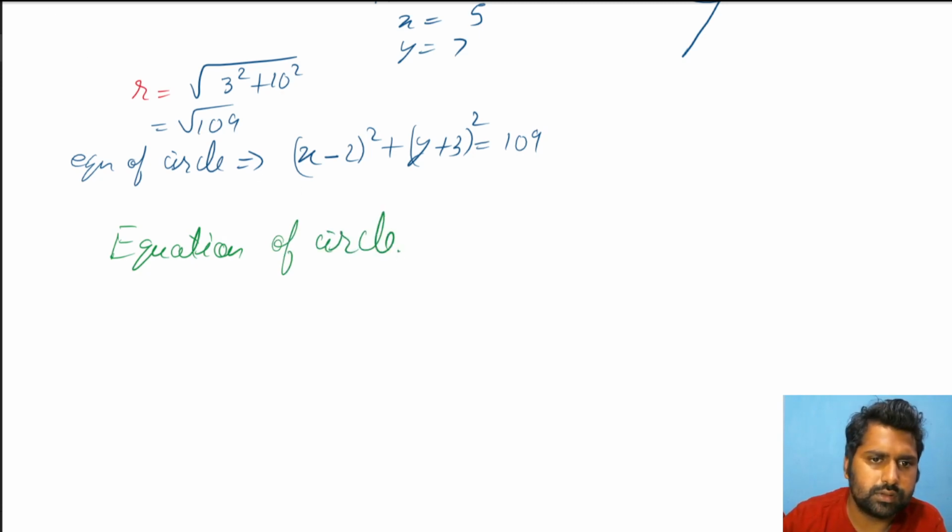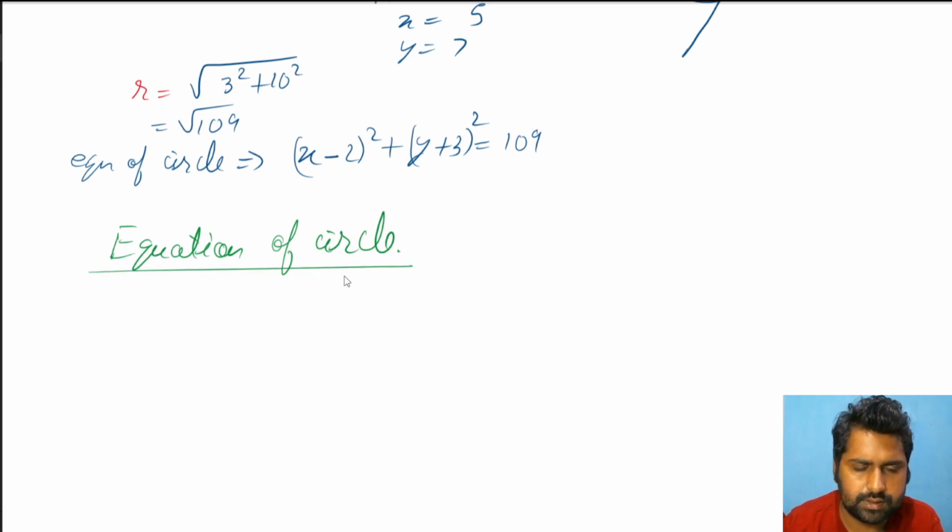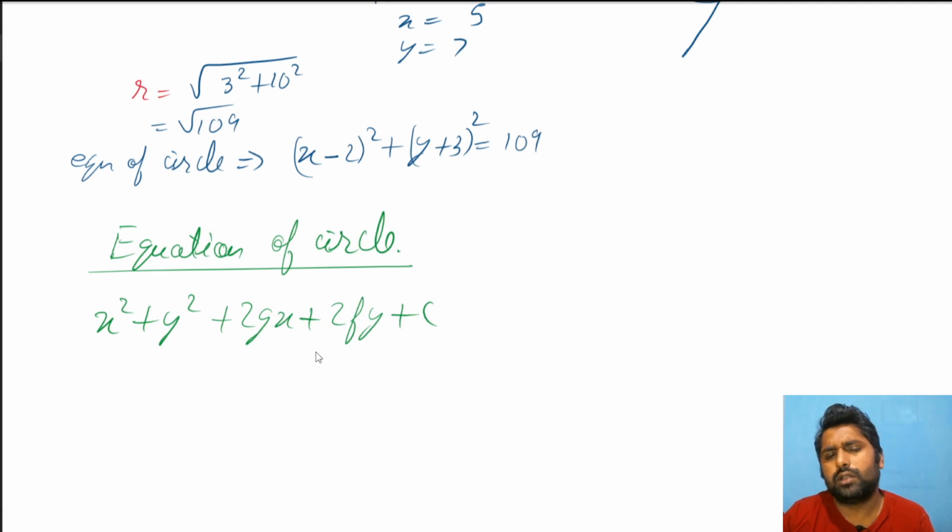So if we expand that, the equation will look like this: x square plus y square plus 2gx plus 2fy plus c. Okay, don't worry about this 2g 2f, it is represented for your simplicity effectively.